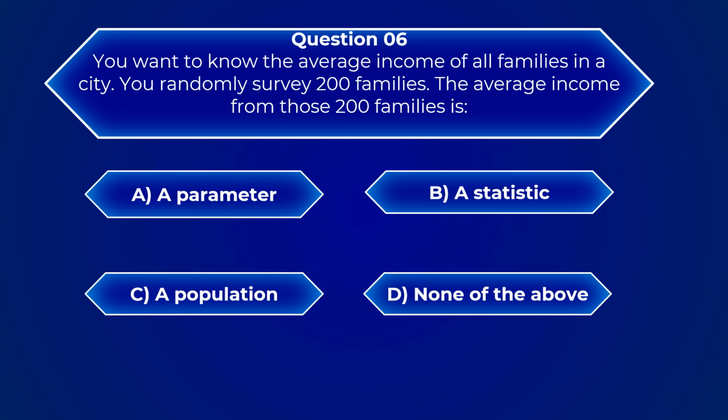Question 6. You want to know the average income of all families in city. You randomly survey 200 families. The average income from those 200 families is A. parameter, B. statistic, C. a population, D. none of the above.